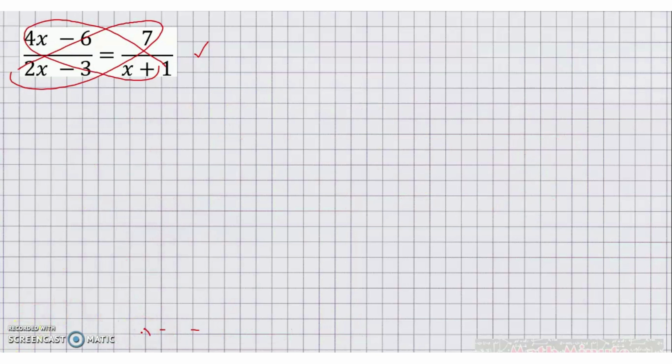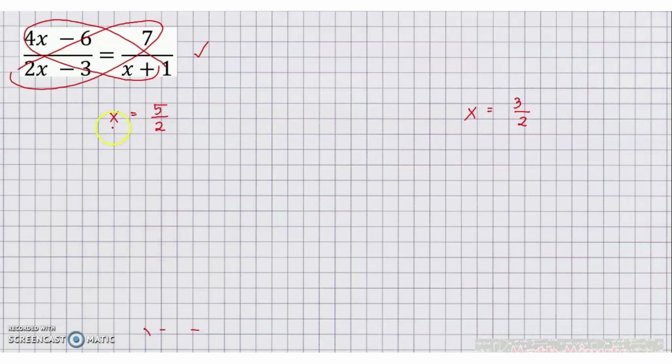Okay, there you go. So we know that we have two possible roots, which is 5 over 2, and 3 over 2. What we are going to do here is to substitute these values. If it makes your statement true, then it is a root. If it's not, it's an extraneous root, meaning it's not the solution.